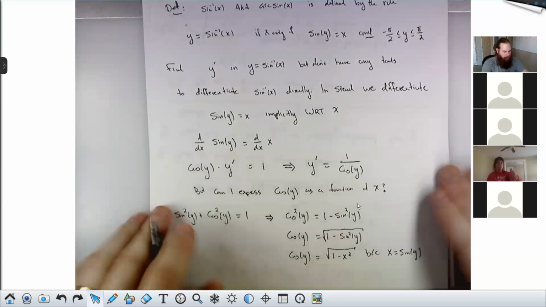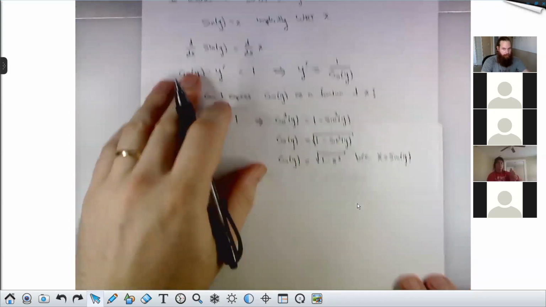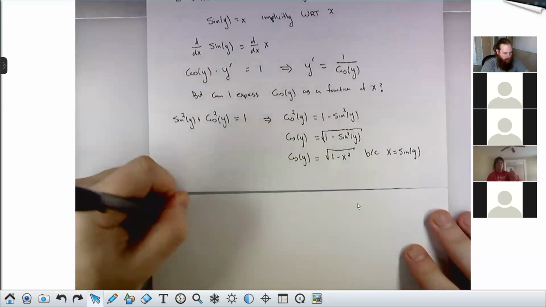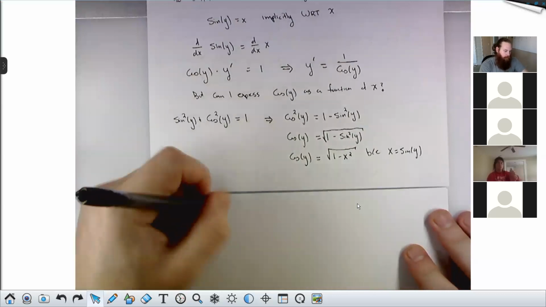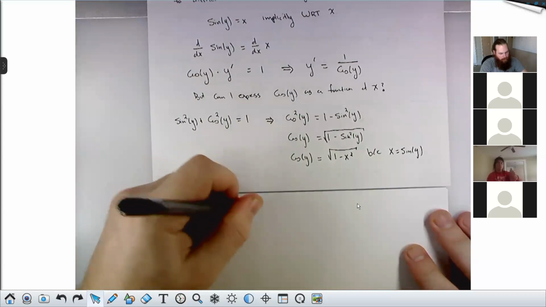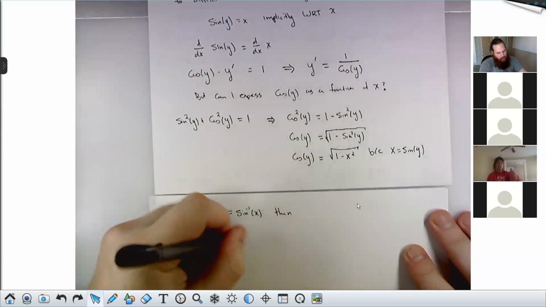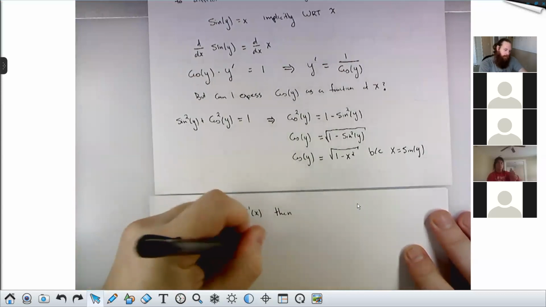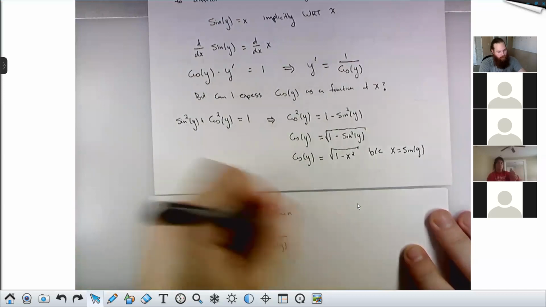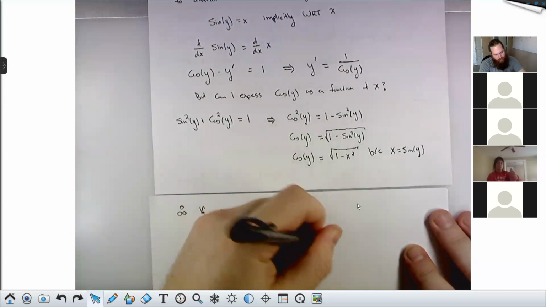Therefore, my derivative: if y equals sine inverse of x, then y prime is equal to 1 over cos y, which is equal to 1 over the square root of 1 minus x squared.